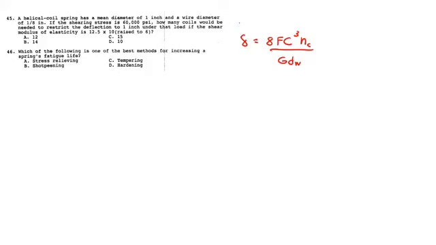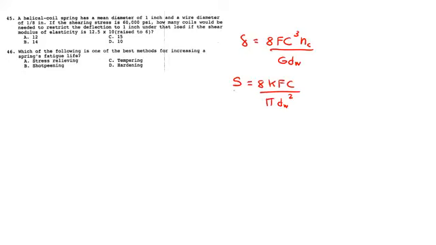So, syempre, kunin muna natin dito guys, si force. So, paano natin makukuha si force? So, wala tayong force, no? So, makukuha natin using stress. So, stress is equals to 8 KFC over pi d squared. So, yung diameter natin dito ay 1.